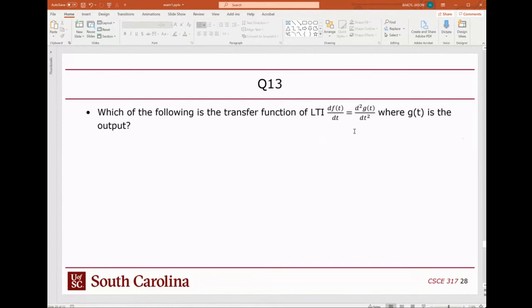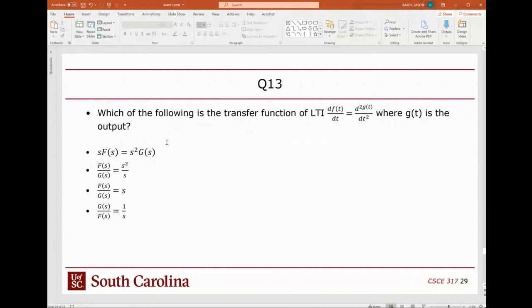If you're doing a transfer function, you have to know what's the output and the input. So this one, you have to do the Laplace transform. I think what some of you might have forgotten here, and because I forgot it when I was writing up the answers, tripped myself up again, is you have to multiply.